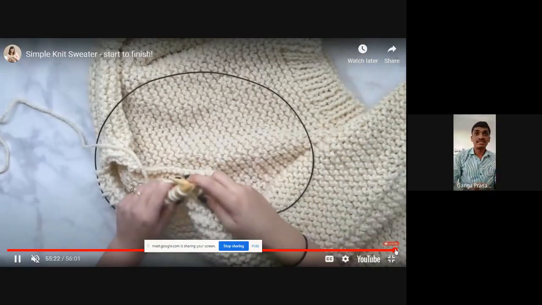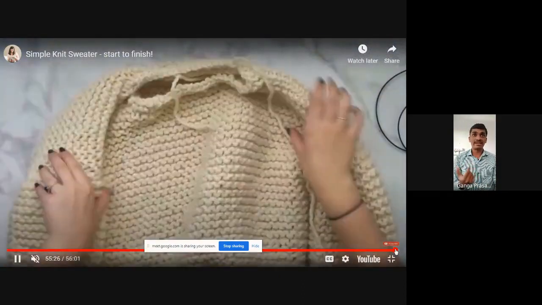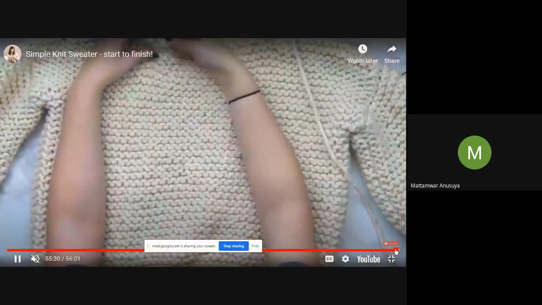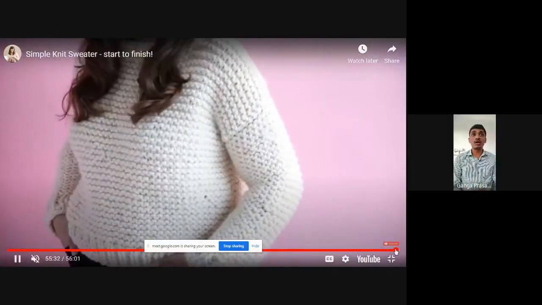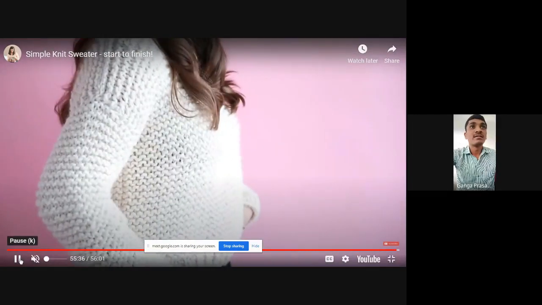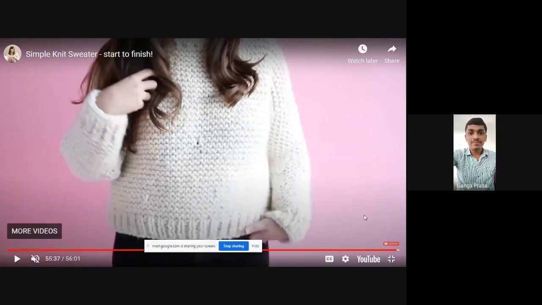See how she made that sweater by only a single yarn. Now the sweater is prepared without any horizontal and vertical sets. This process is called knitting.